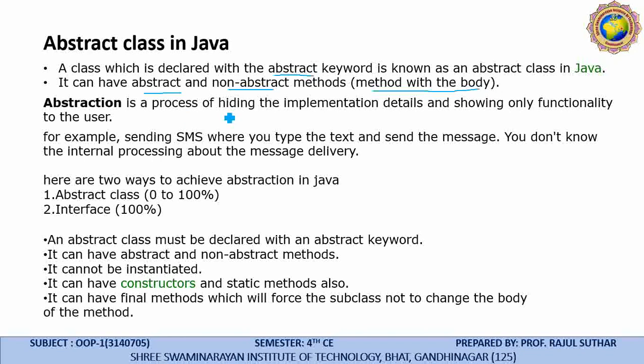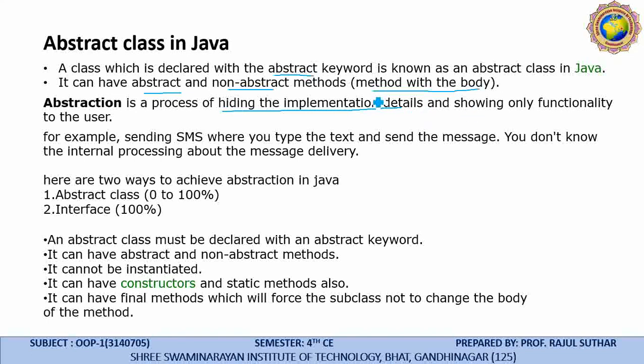Abstraction is a process of hiding the implementation details. We do not require the implementation details. If we are performing the addition of two numbers, like 2 plus 3, we only require the result, 5. We do not require the process of addition.